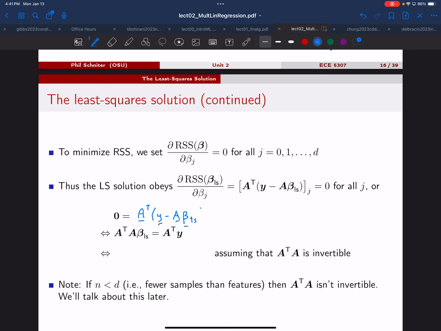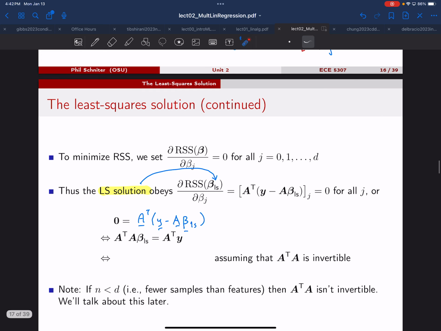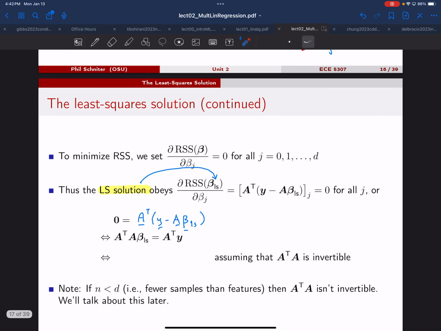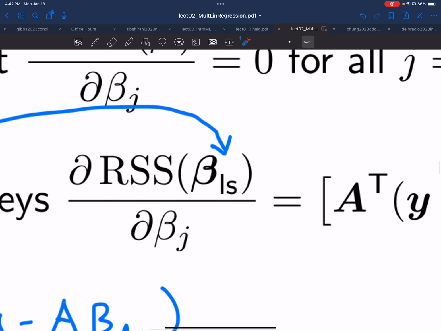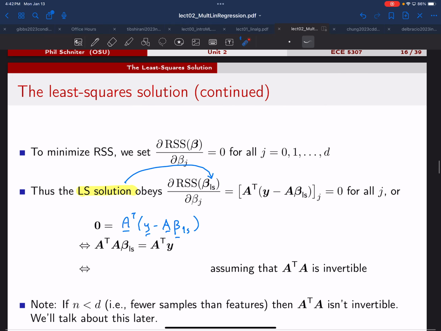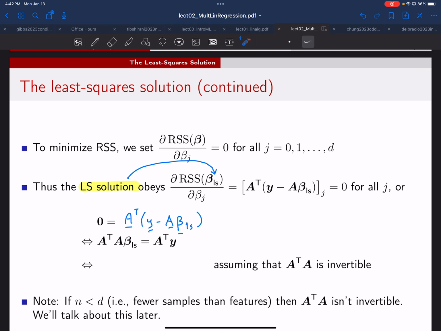Here I'm being specific and saying this is the least squares solution, beta LS. Okay, so this is what we were able to derive.